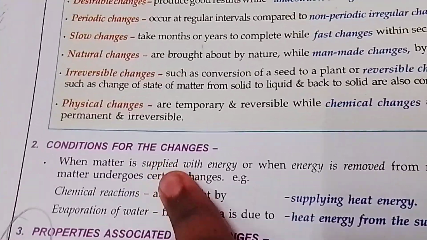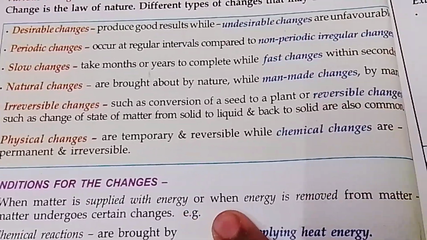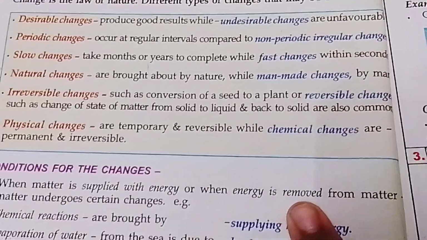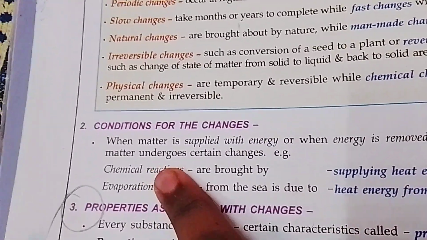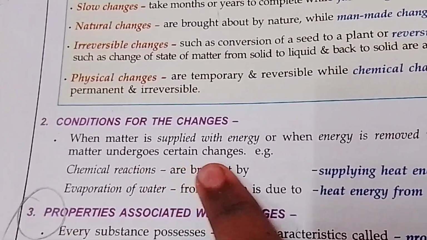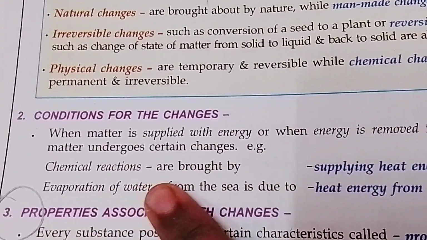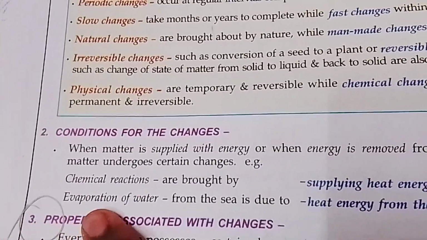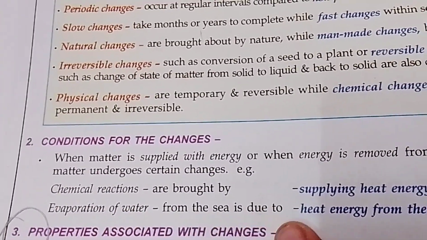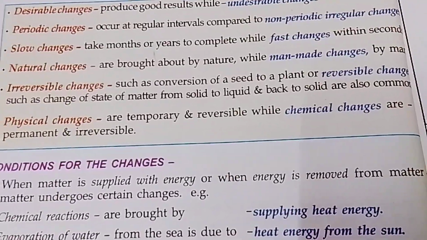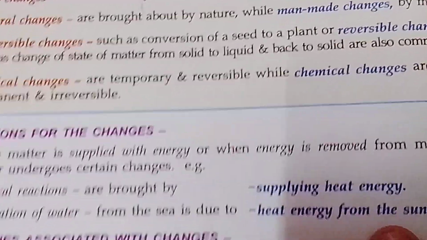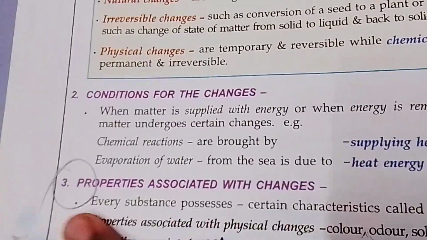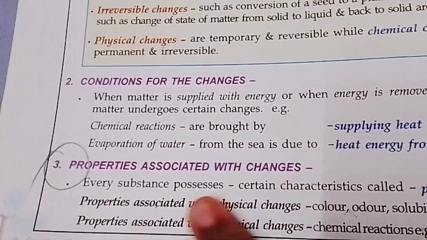When matter is supplied with energy, or when energy is removed from matter, matter undergoes certain changes. Example, a chemical reaction brought about by supplying heat energy. Evaporation of water from the sea is due to heat energy from the sun. Third, properties associated with changes.